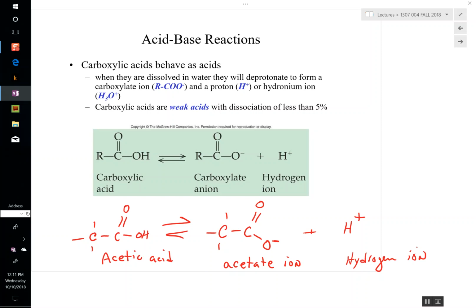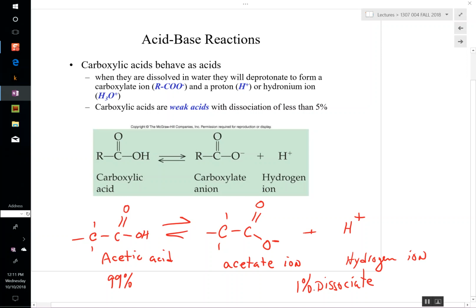And as a matter of fact, and this is review from 1305, you should remember this from 1305. About 99% of it remains molecular like that, and about 1% dissociates. So don't get mixed up with my 1%. So that's an ion with a negative charge?